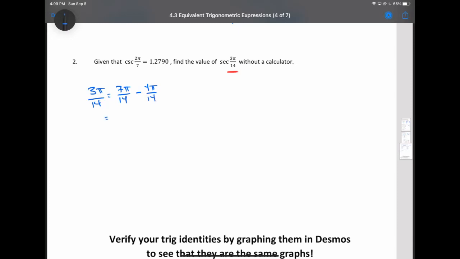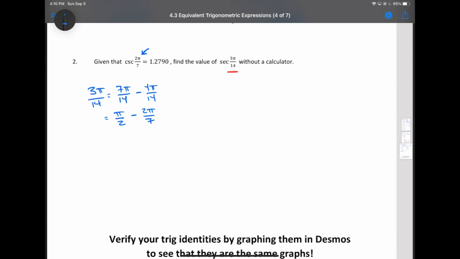So I can replace 3 pi over 14 with pi over 2 minus 2 pi over 7 when I put that into lowest terms. And I think we're on the right track here because sure enough, we're given the cosecant of 2 pi over 7.